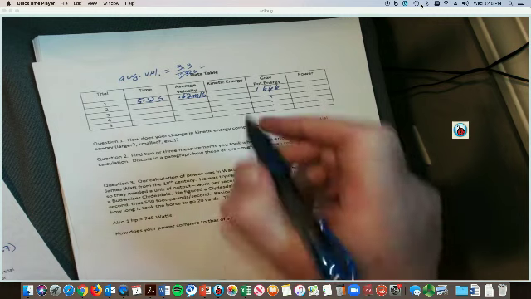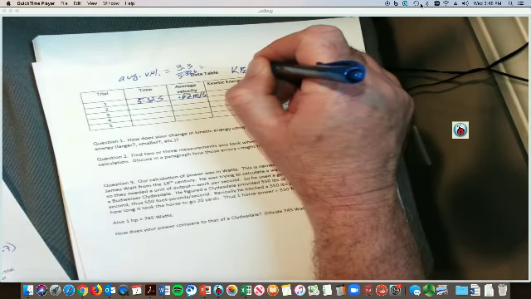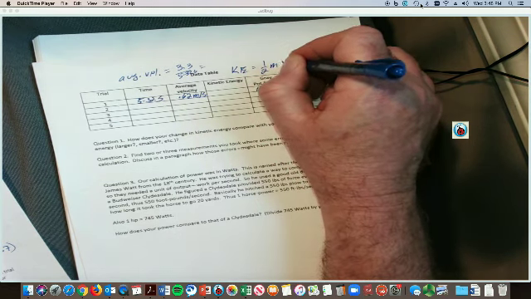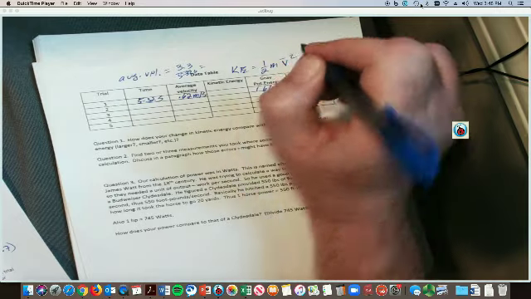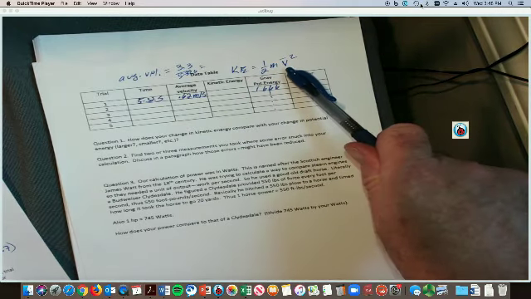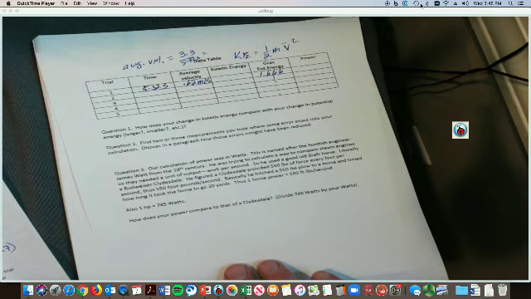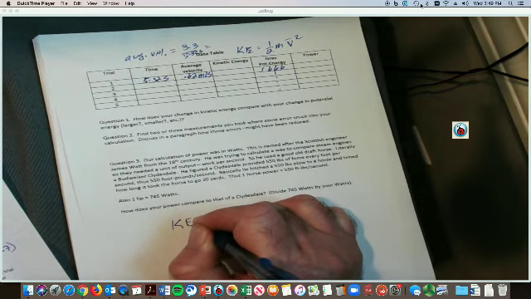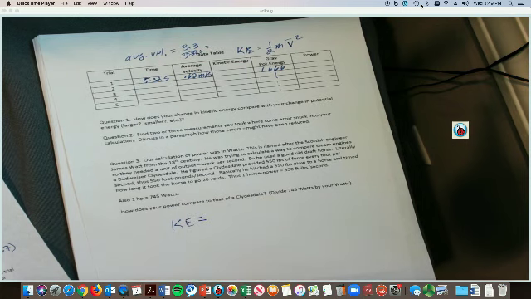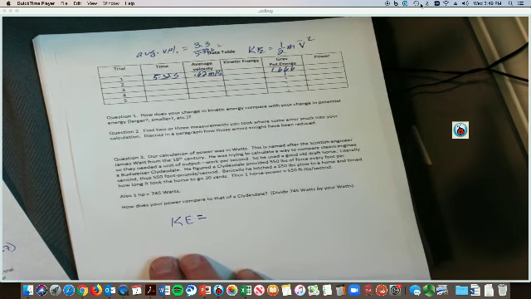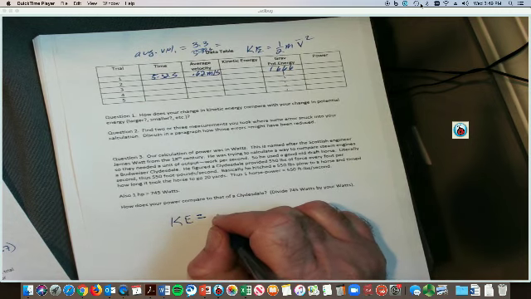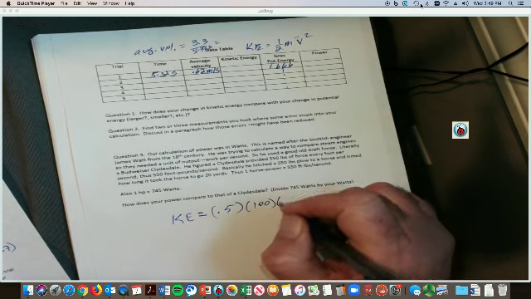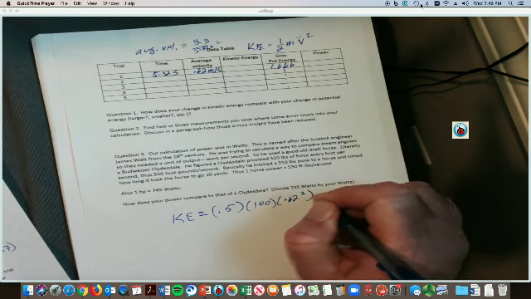Now, to compute my kinetic energy, the kinetic energy is equal to 1/2 my mass times that average velocity squared. I'm sorry, I'm a nerd. If I got an average, I got to put a bar over it. So that's my average velocity. So my kinetic energy is equal to 0.5, because that's 1/2, times 100 times 0.62 squared.